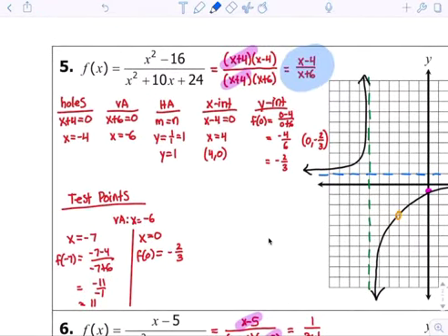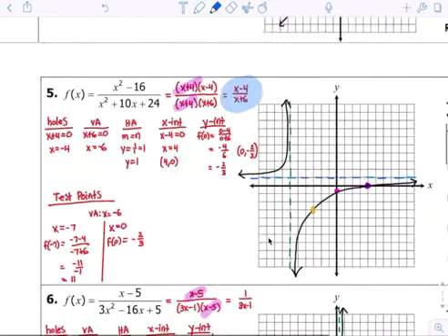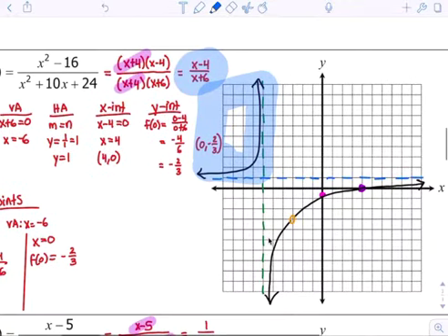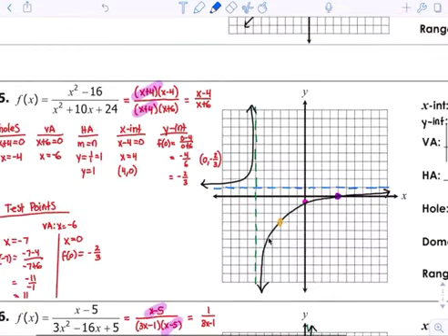So we're going to get negative 7 minus 4 over negative 7 plus 6, which is negative 11 over negative 1, which is 11. So I know at negative 7 comma 11, that's where my graph resides. That's going to be in this region right there. That's where negative 7 comma 11 resides.